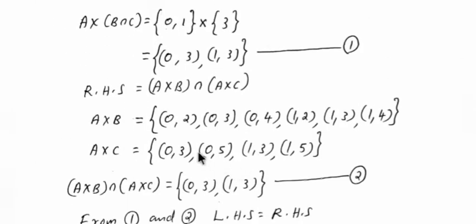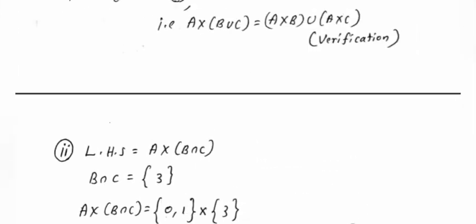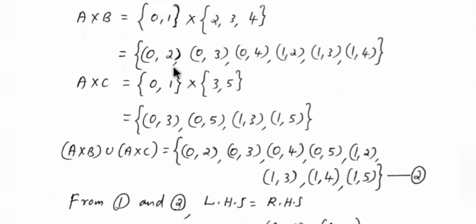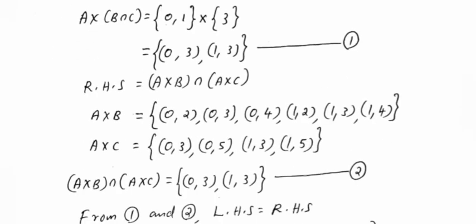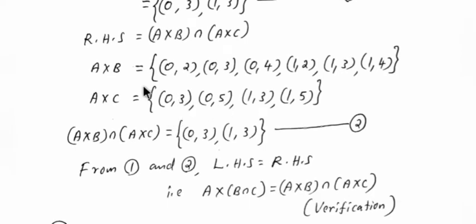Then A cross C is also already found out here. This can be taken directly. Then find out the whole RHS, A cross B intersection A cross C.